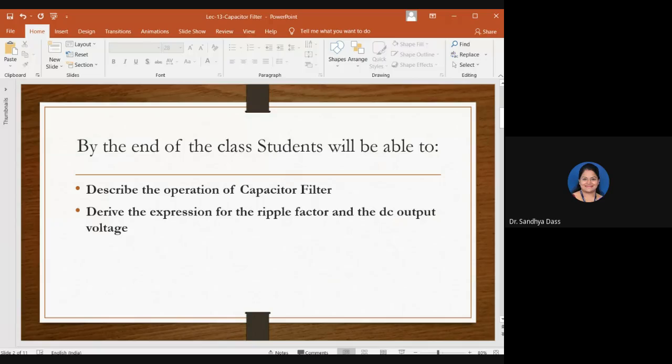By the end of this class, you'll be able to describe the operation of the capacitor filter, and be able to derive the expression for ripple factor and the DC output voltage of a half-wave rectifier circuit with a capacitor filter.